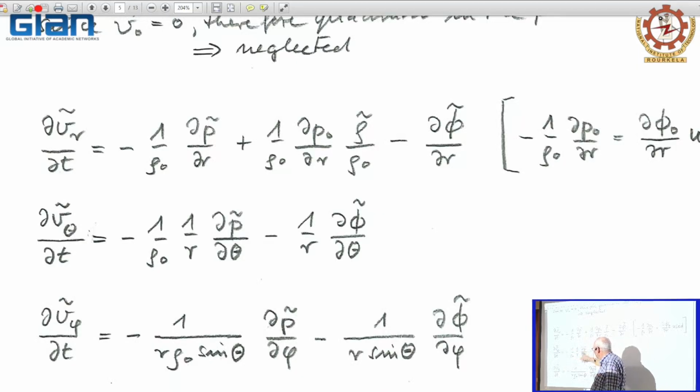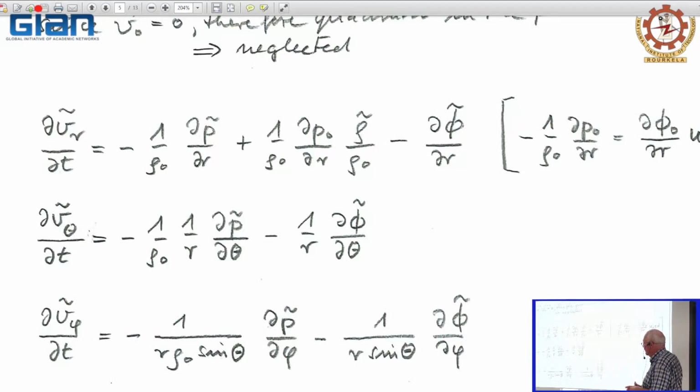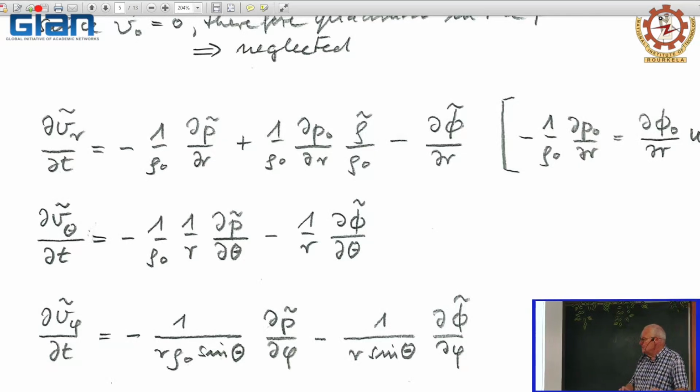So this is 1 over rho times the gradient of pressure with respect to theta and phi, and similarly also the gradient of the potential, or its components in theta and phi directions, is 1 over r d phi by d. Okay, this is the perturbation or the linearized version of our momentum equation.